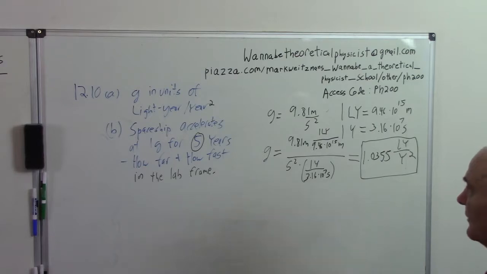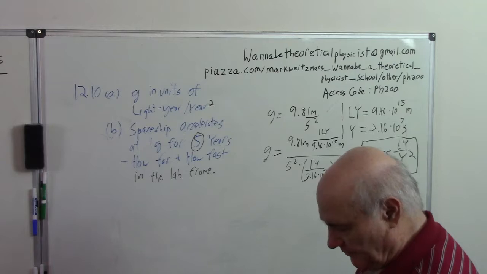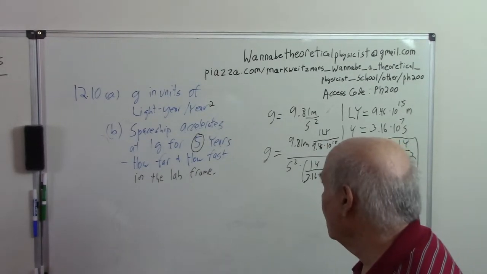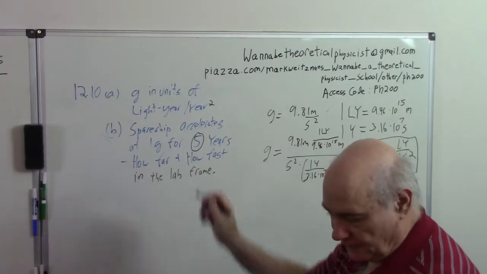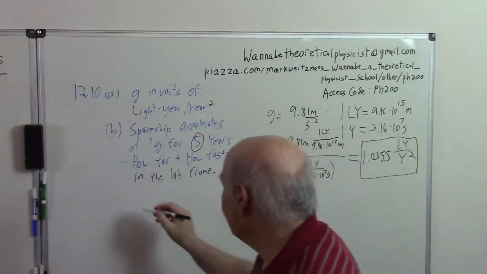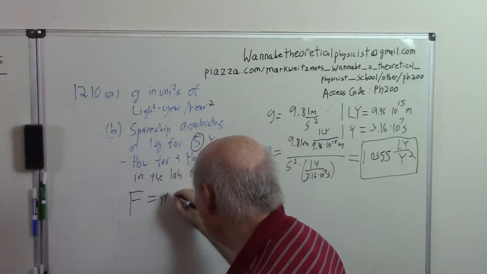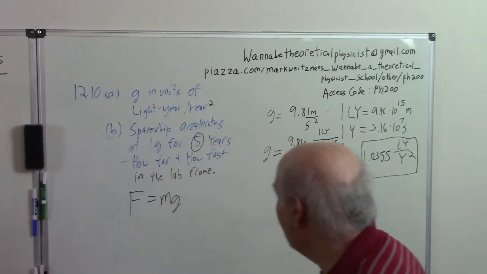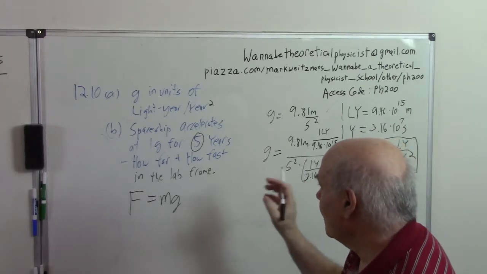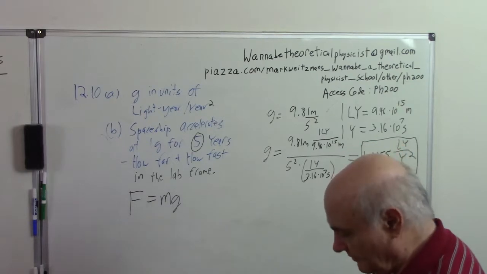So for this problem we have a proper acceleration in the co-moving reference frame of 1G. That means that the force in that reference frame that the rocket feels is going to be equal to mg. Just the usual Newtonian thing. There's no adjustment because in the co-moving reference frame, the spaceship is always at rest, so there's no velocity.